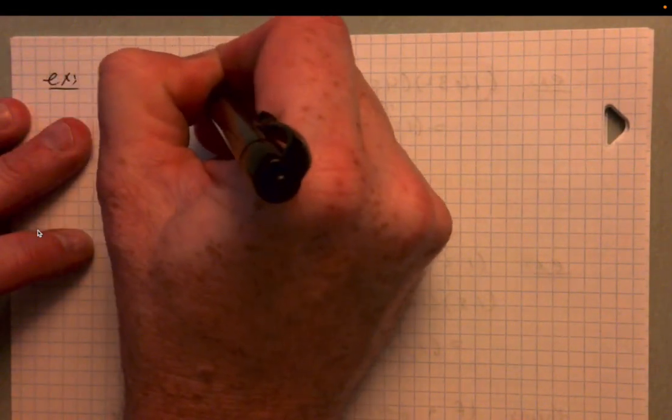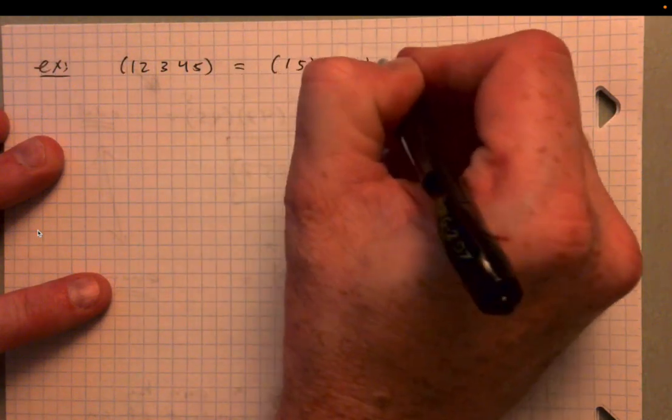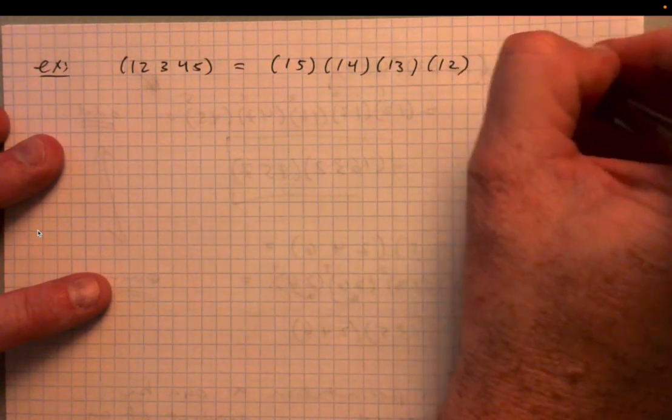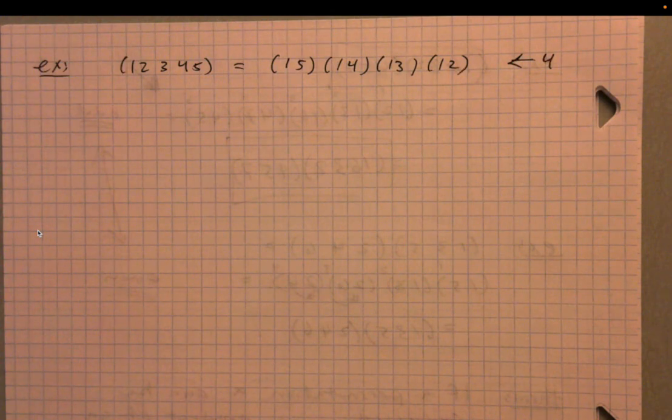Let's take our familiar 1, 2, 3, 4, 5 and break it down a couple of different ways. This is our familiar one. We saw that we can break it down like this: 1, 5, 1, 4, 1, 3, 1, 2. There are 4 of them here, an even number of them.